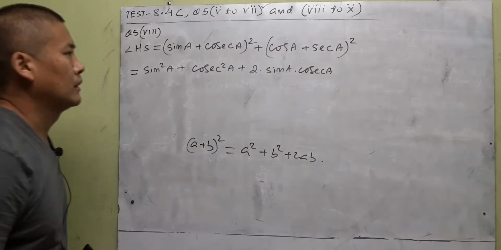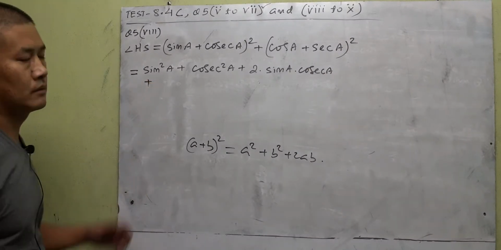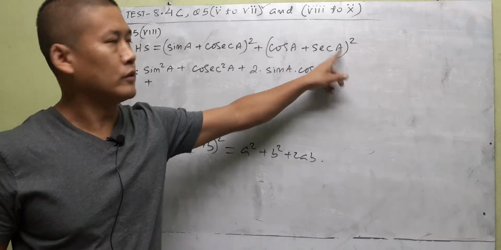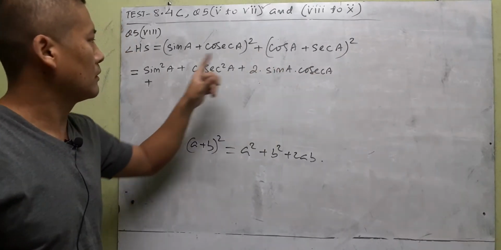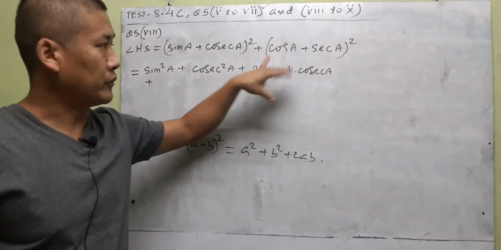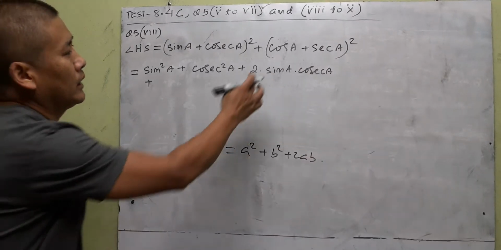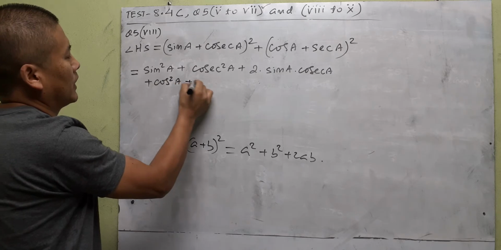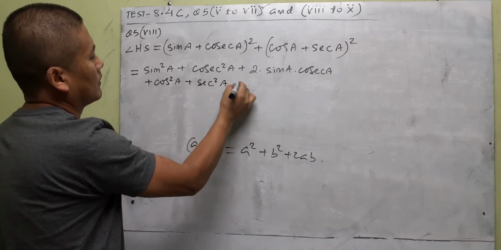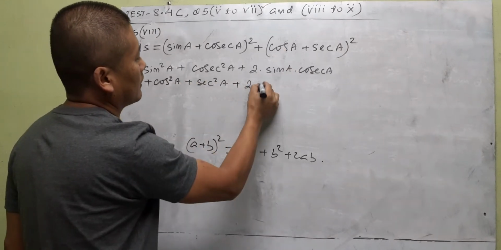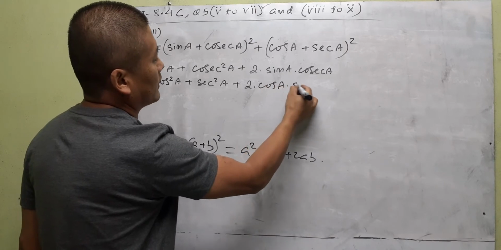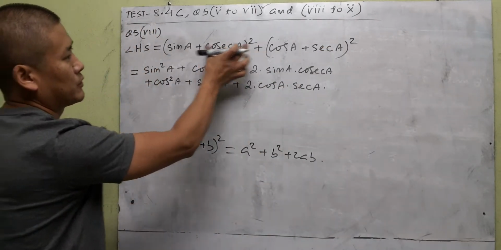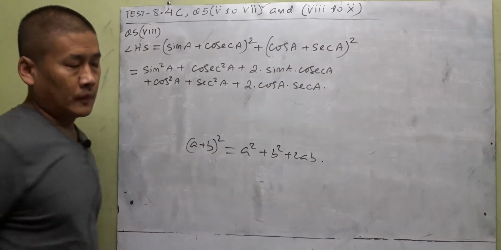Then plus, and if it's plus we don't need to put a bracket. Had this been minus, it's important to put a bracket before we deal with the inside. Now (a + b) whole square, again the same formula: a square plus b square plus 2ab. Same formula applied in both cases.